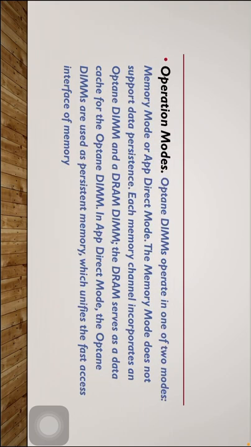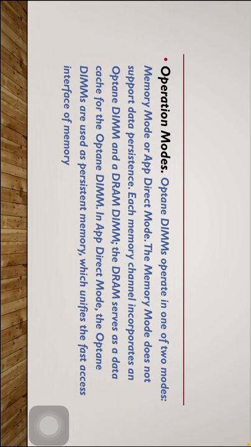Optane DIMM operates in one of two modes: memory mode and app direct mode. Memory mode does not support data persistence. Each memory channel incorporates an Optane DIMM and a DRAM DIMM, and the DRAM serves as a data cache of the Optane DIMM.